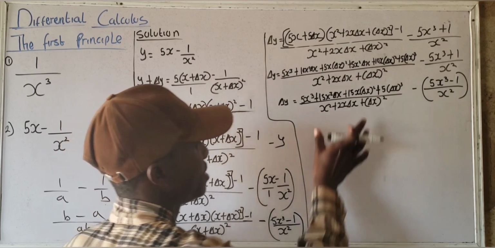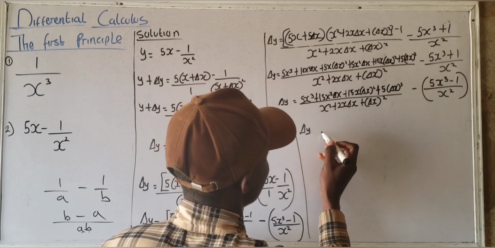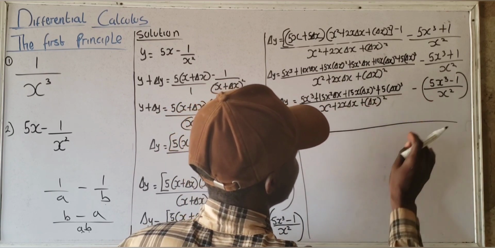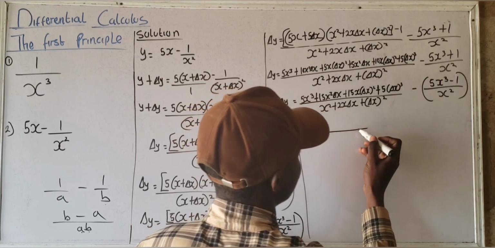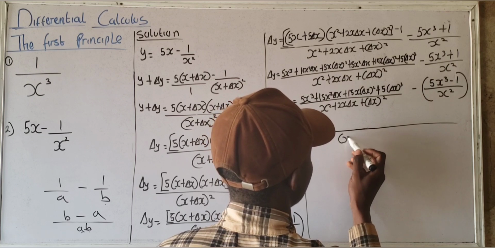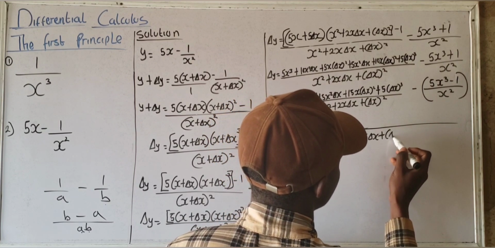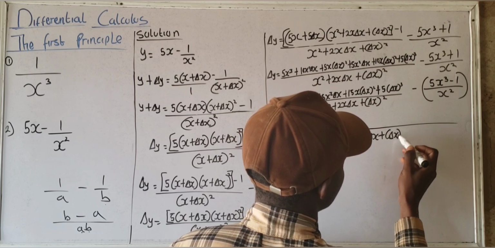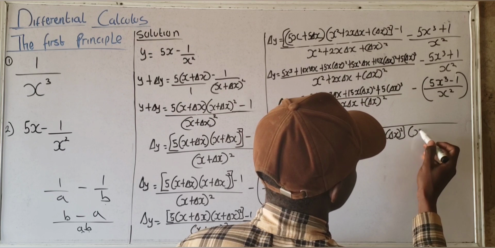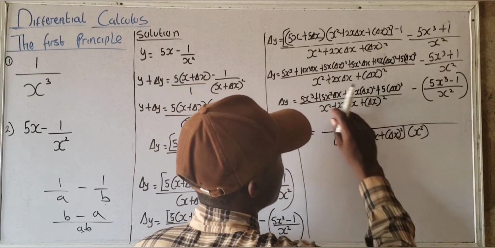The LCM of this fraction and this fraction will be what? I'm going to have delta y. What is the LCM? The LCM will be the product of this and this. So I'm going to have x squared plus 2x delta x plus delta x squared multiplied by x raised to the power of 2. Okay? Now, this divided by this, that's what?